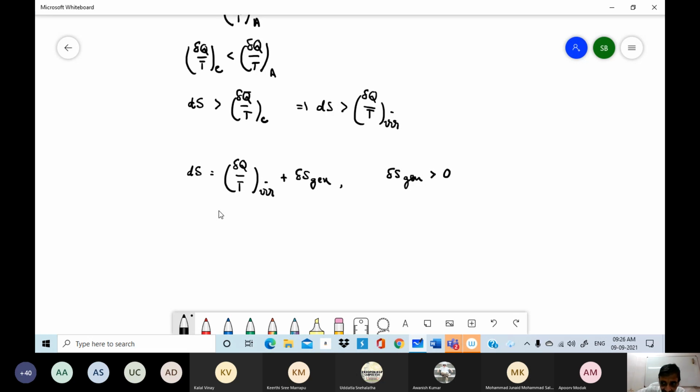But from that, what we can vaguely understand is that it is disordered motion which is contributing to entropy.